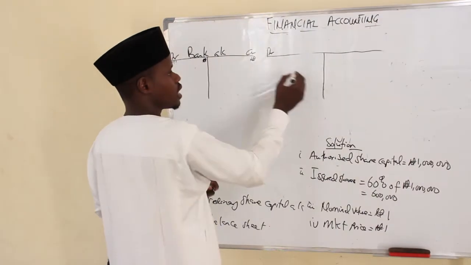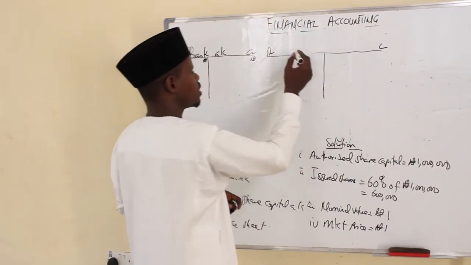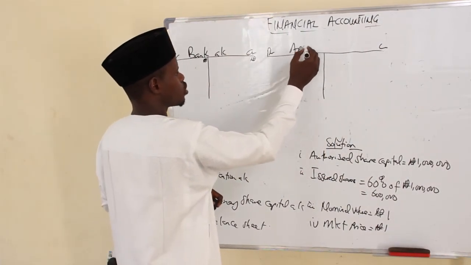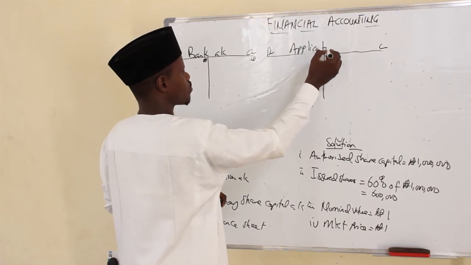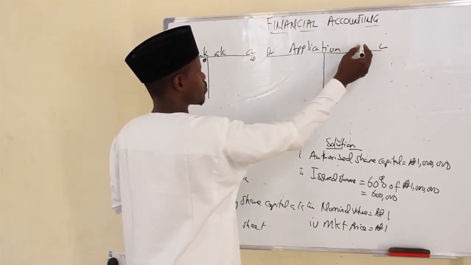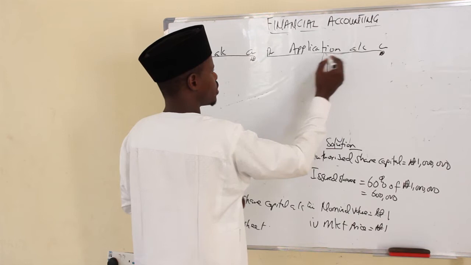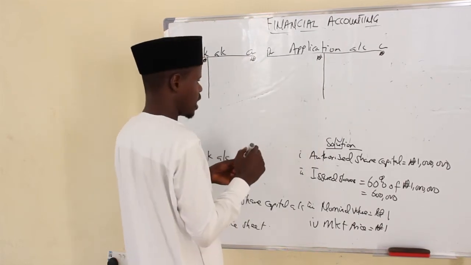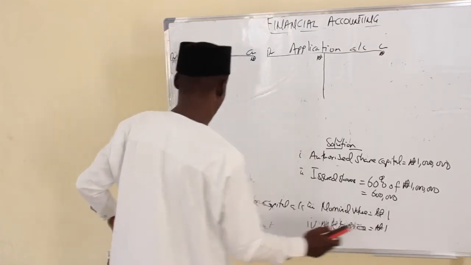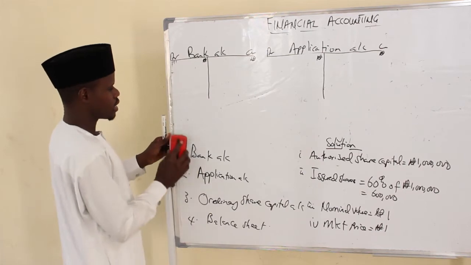We have debit side, credit side, the application account. Don't forget your Naira sign. Then likewise we said we are going to open an ordinary share capital account.